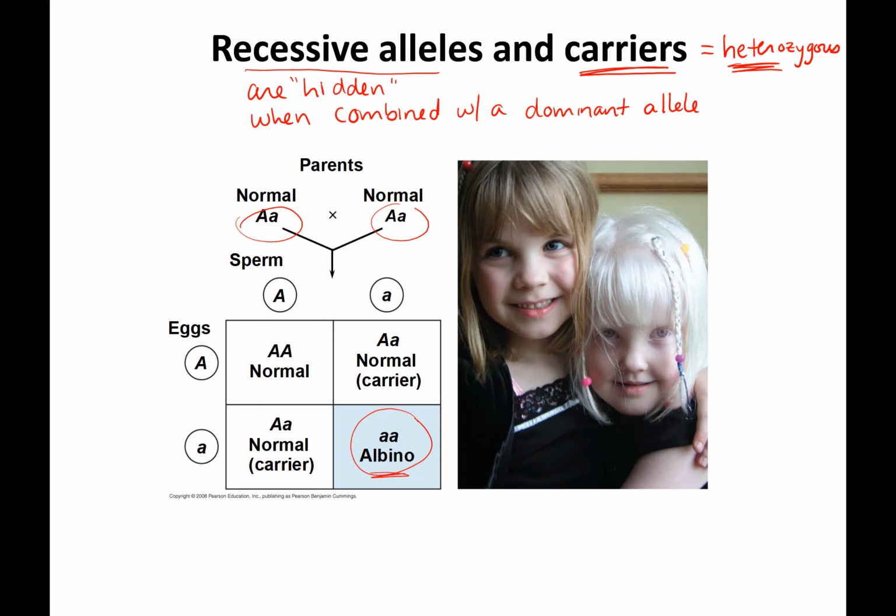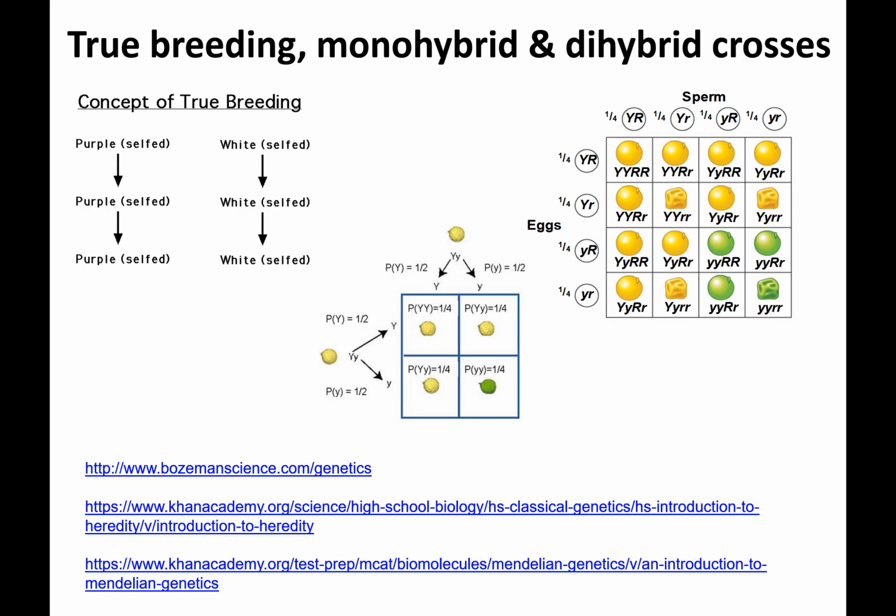All right, a couple more terms. True breeding. True breeding just means homozygous. And the concept is that true breeding only has one allele to pass down, so like big P, and in plants they can self-fertilize.